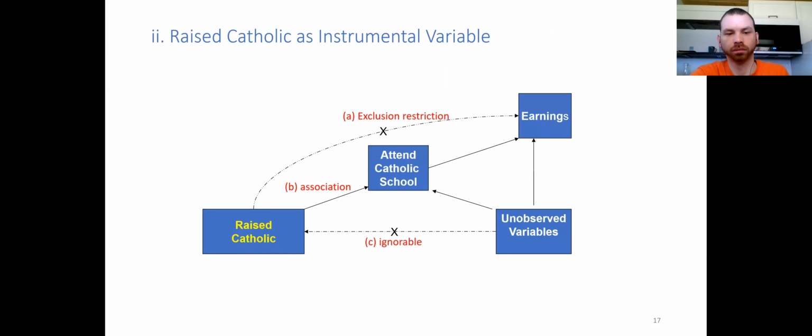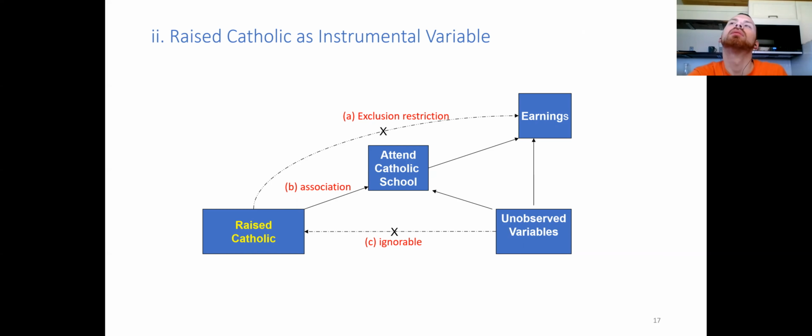The second comparison is the instrumental variable comparison using raised Catholic. And this is our typical picture for an instrumental variable analysis. We have to assume that there is an exclusion restriction, that raised Catholic can only change earning through its effect on attending Catholic school.